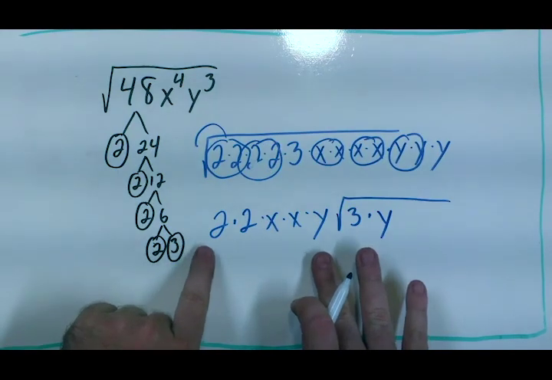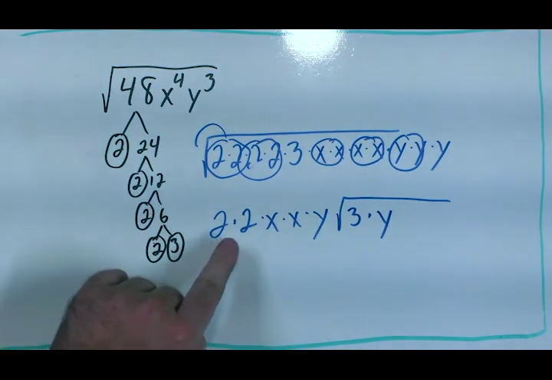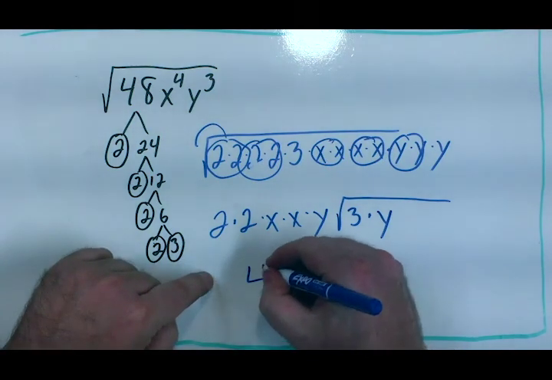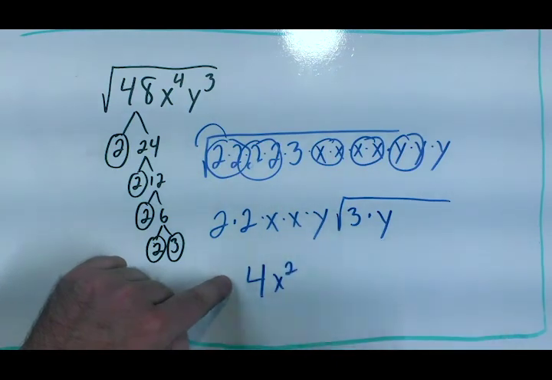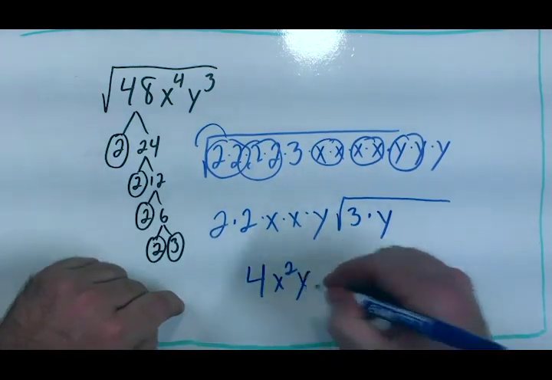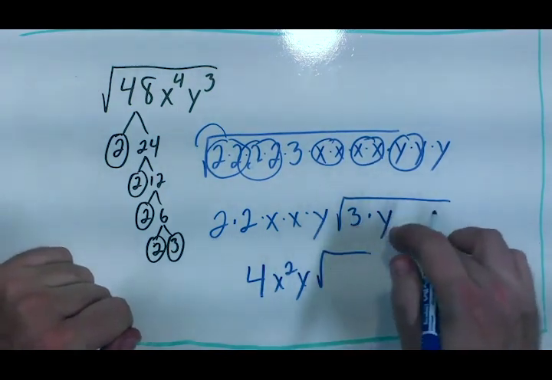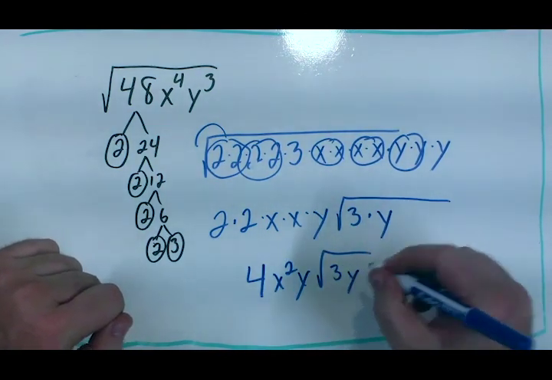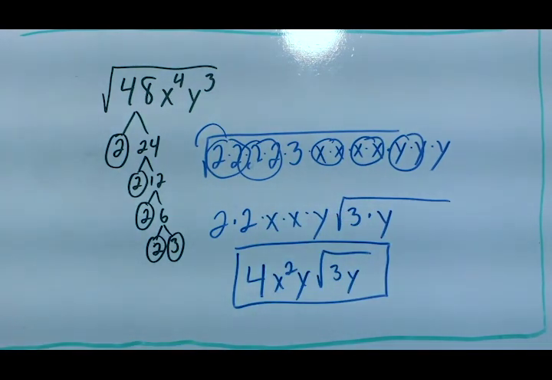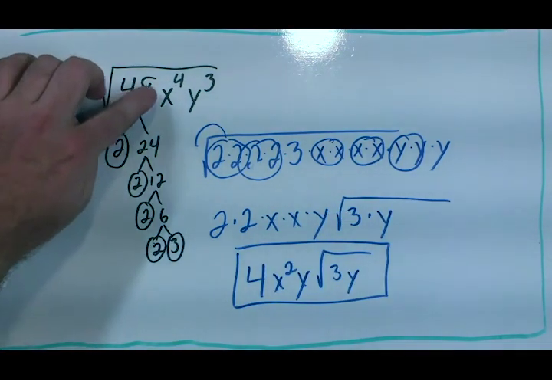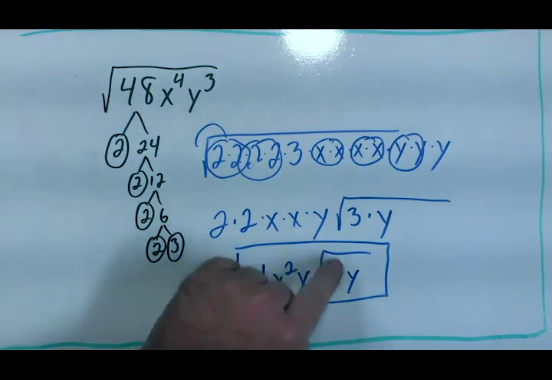We take everything that's outside the radical and multiply it together. 2 times 2 would be 4. X times x would be x squared. And y, there's nothing to combine with, that's just y. Underneath the square root will be 3 times y, that's just 3y. And so there is my simplified radical. The square root of 48 x to the fourth, y to the third, will simplify down into 4x squared y, square root of 3y.